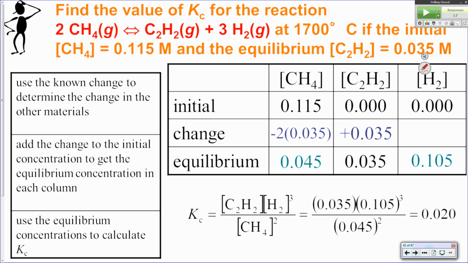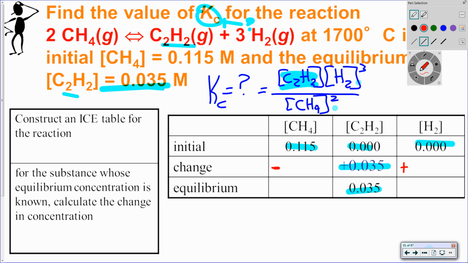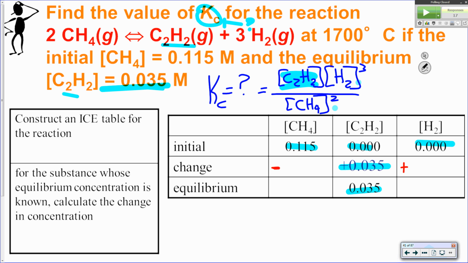So if I look at the stoichiometry, we'll go back and I'll write these out the long way so we can maybe all see it together. The one that we know the concentration of, the C2H2, we had 0.035 molar formed.